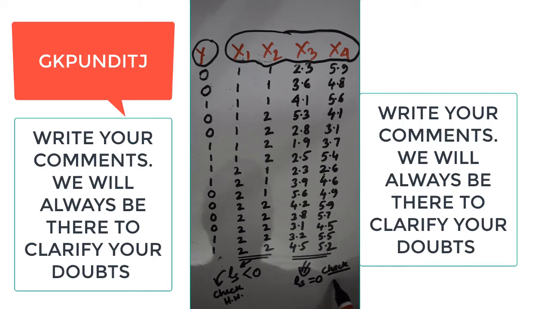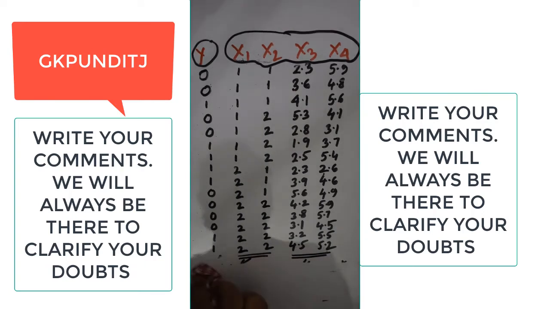You check it. This is another homework. Hence, denominator of RL square depends on which of the independent variable is used. So, this is the note.